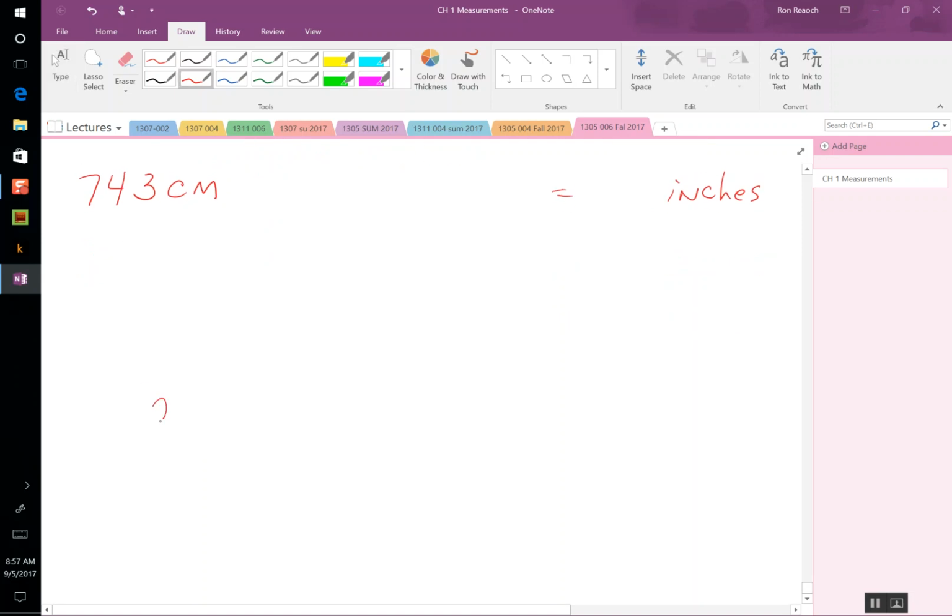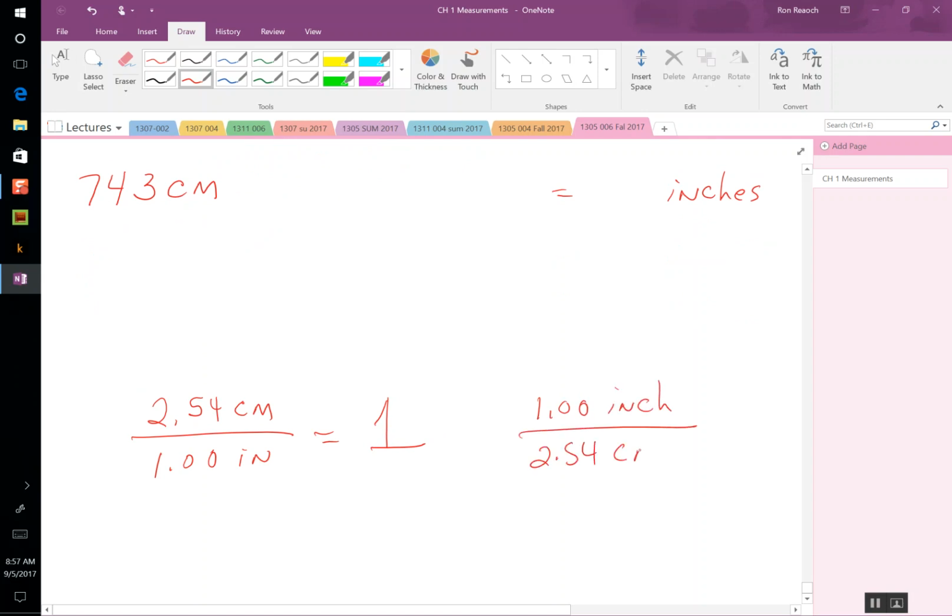So 2.54 centimeters divided by 1 inch is the number 1. And 1 inch divided by 2.54 centimeters equals the number 1. Why is that?